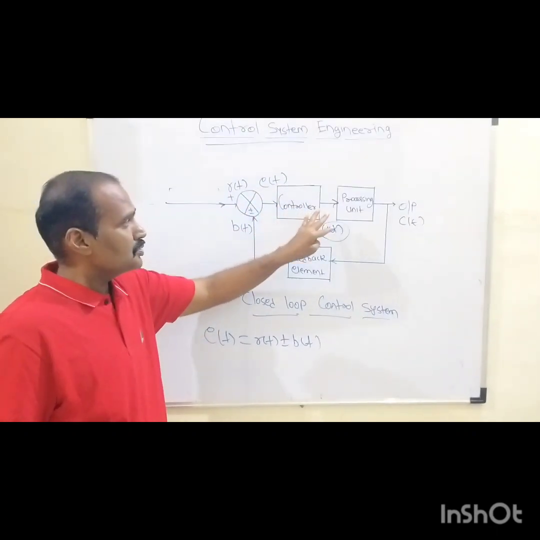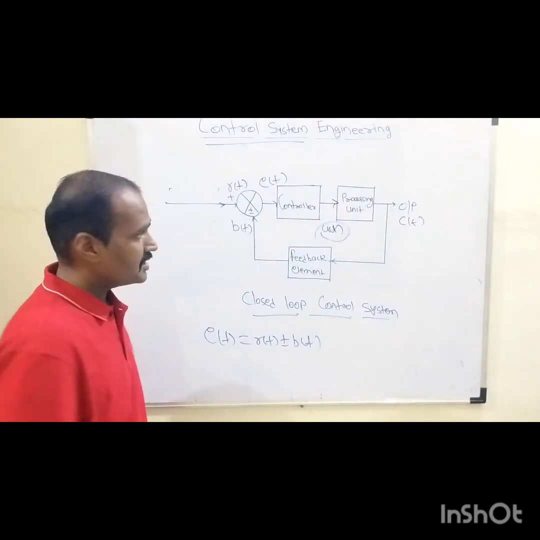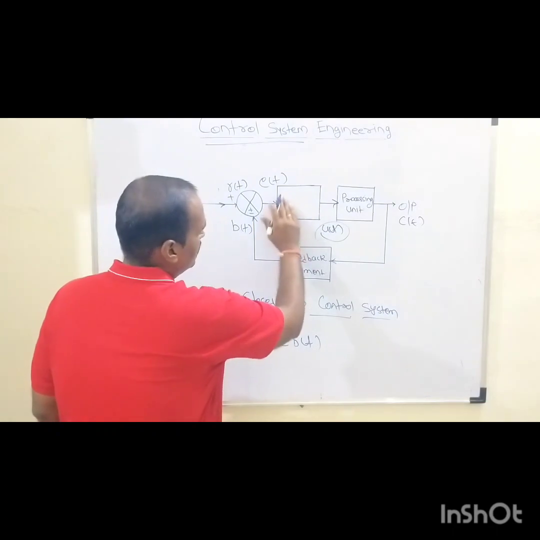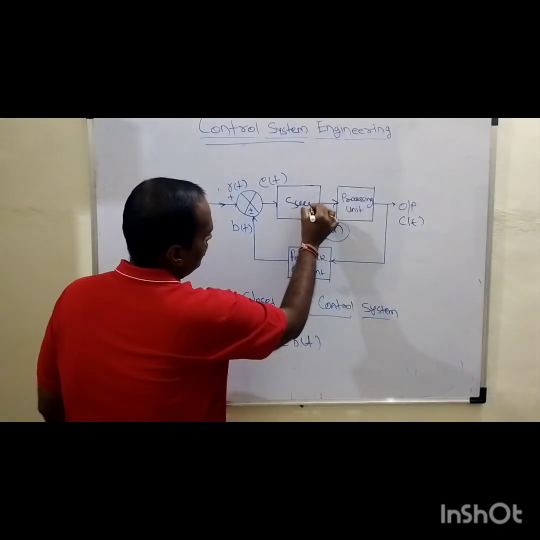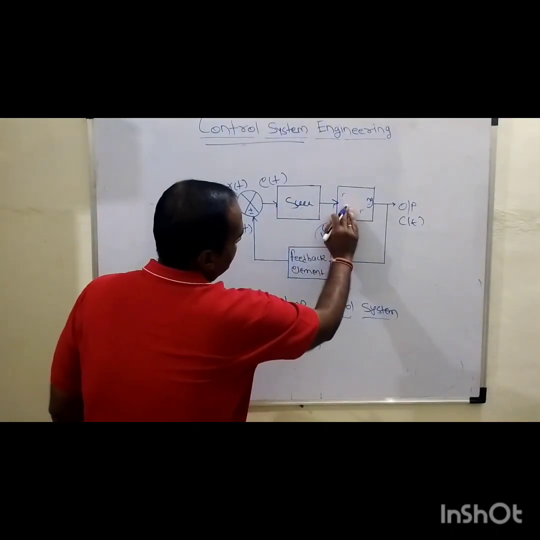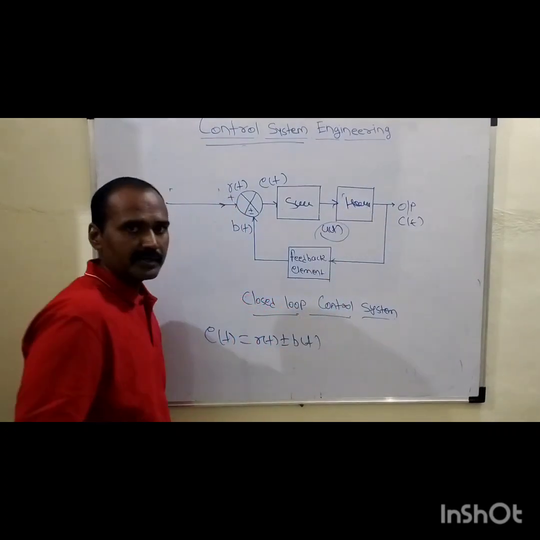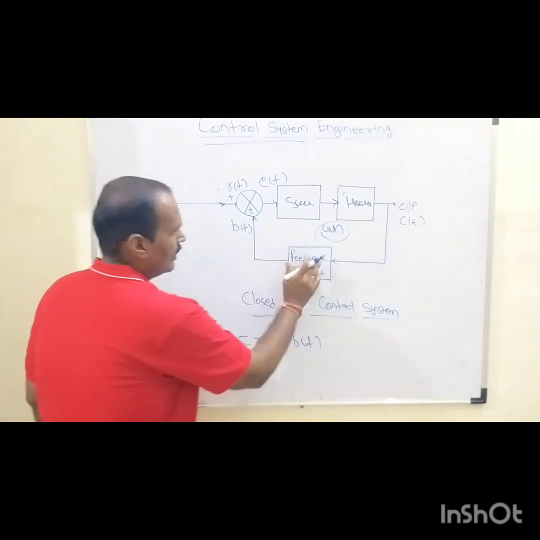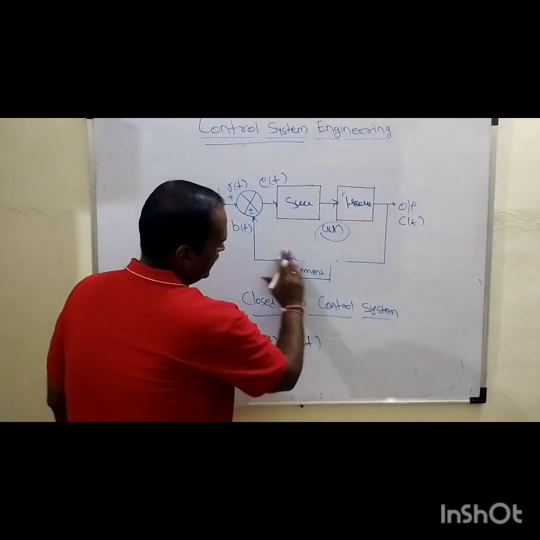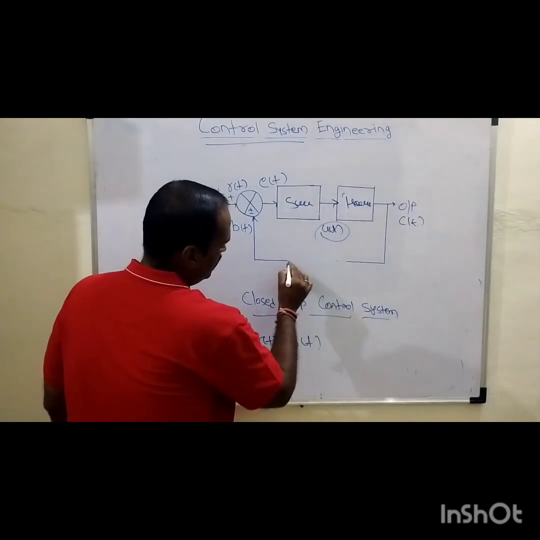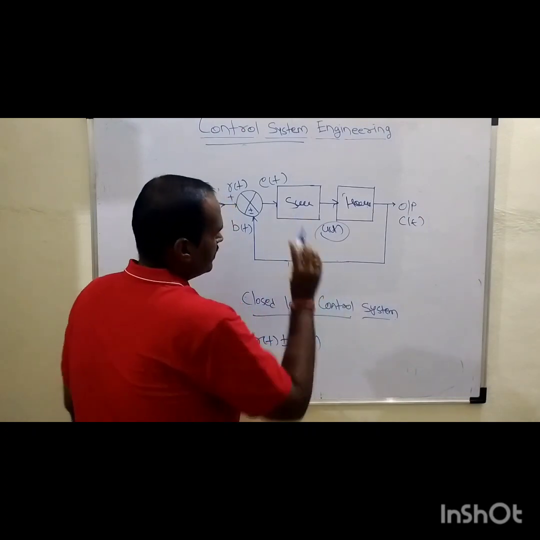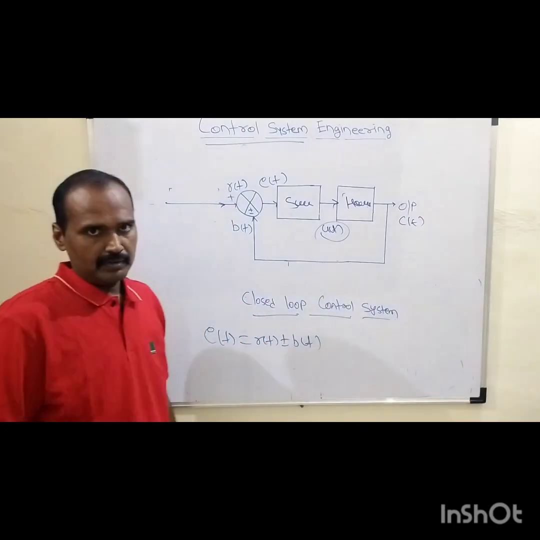Then after that we have this controller and processing unit. If we replace this controller with a switch, the processing unit is nothing but what? The heater, which is the main heating element or the heating coil in that electric iron. And these are nothing but what? The feedback signal, instead of that rectangular box, if such feedback signals are taken into account, right?